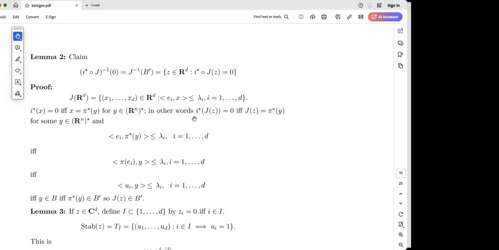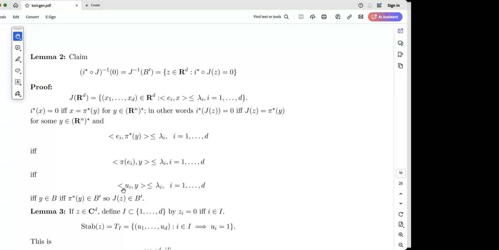In other words, I star of J of z is equal to 0 if and only if J of z is equal to pi star of y for some y in R^n star. And we also are requiring that the inner product of e_i with pi star of y is less than or equal to lambda_i for i from 1 to d. So that's equivalent to pi of e_i is less than or equal to y for the same lambda_i.